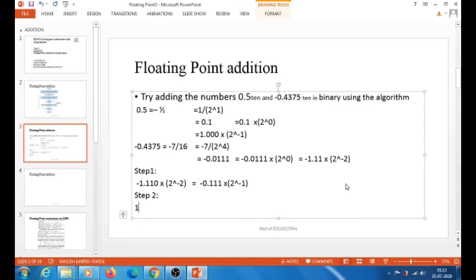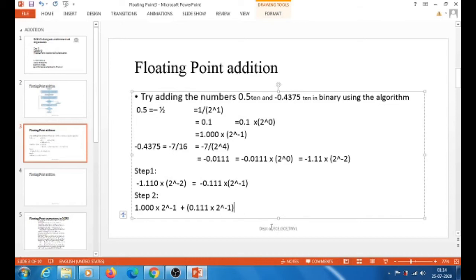So here it is 1.000 to the base 2 into 2 power minus 1, that is the first one, okay, plus what I must add is 0.111 to the base 2 into 2 raised to minus 1.